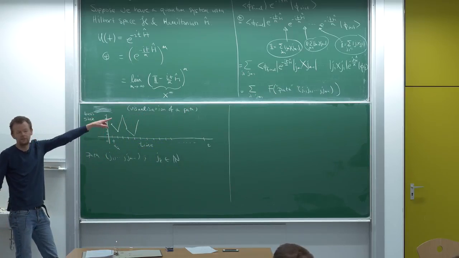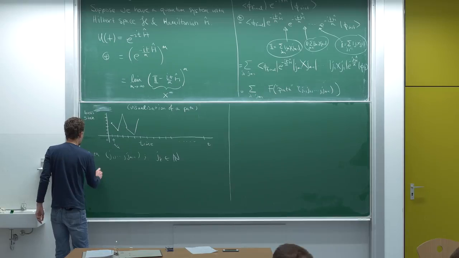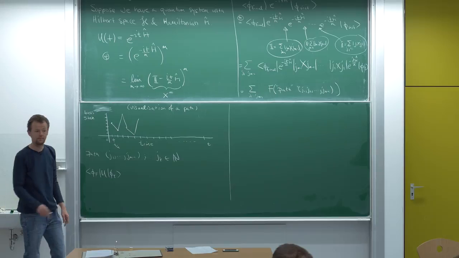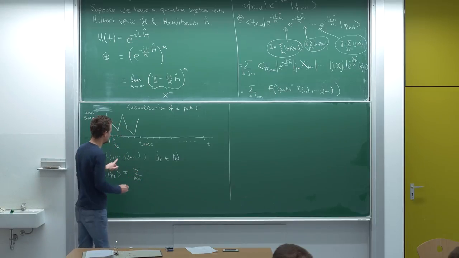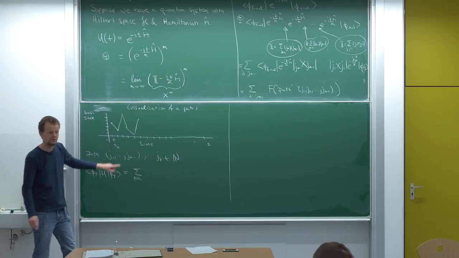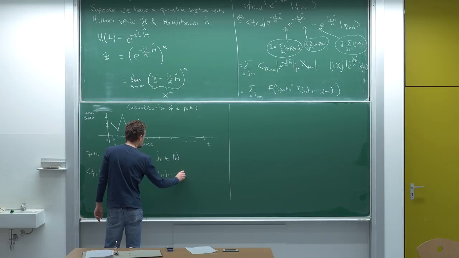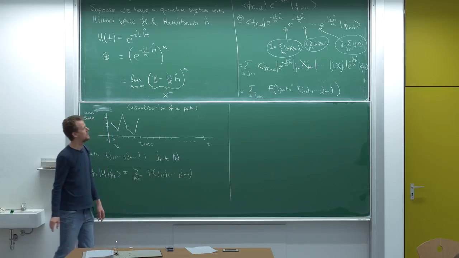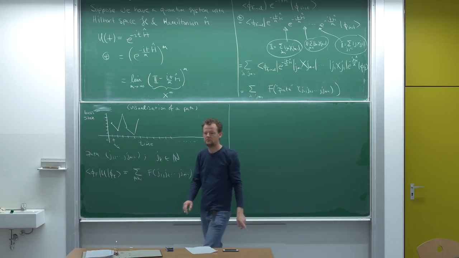And this identity that I've written out at the bottom of that board tells us that the transition amplitude to go from the initial state to the final state is equal to the sum over all paths, which are none other than tuples of natural numbers, of some function of these natural numbers. All I've done is write that thing out there in a different notation.